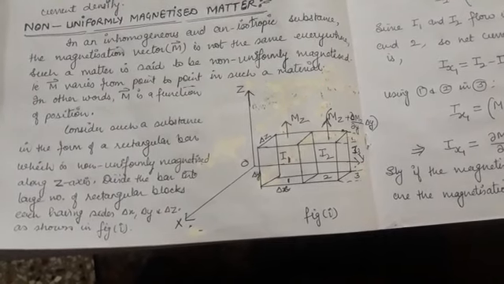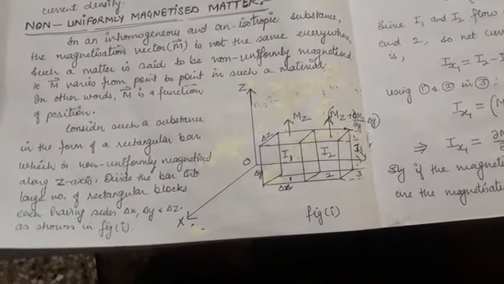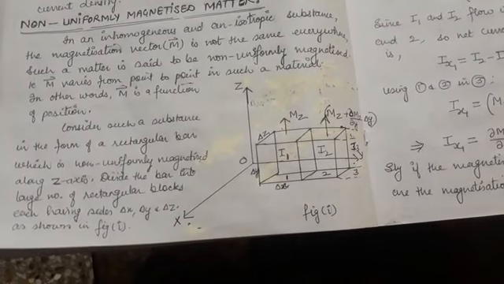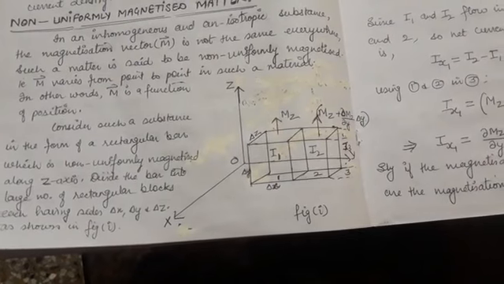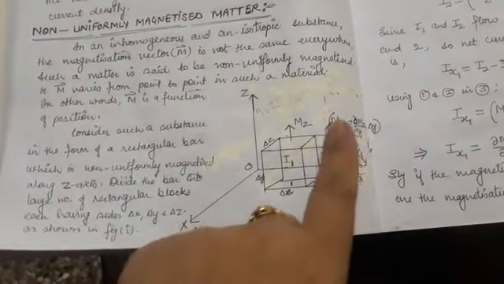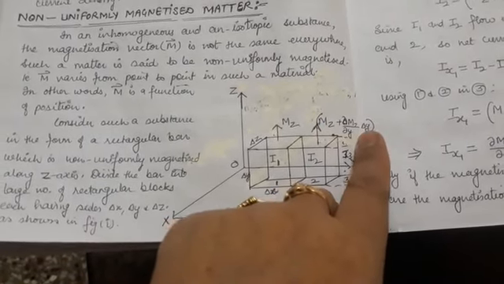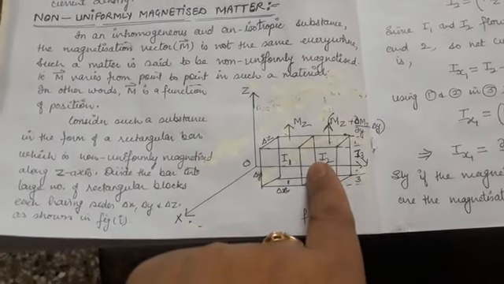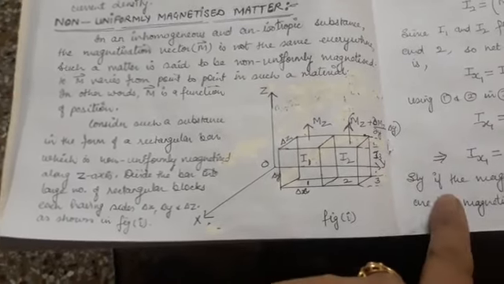Let Mz be the magnetization vector along the z-axis for the first rectangular bar number 1, and similarly for the second rectangular bar, the magnetization vector can be given as Mz plus ∂Mz/∂y into delta y. This is the magnetization vector for the second rectangular block. Similarly for the third bar, fourth bar and so on, you can write it.